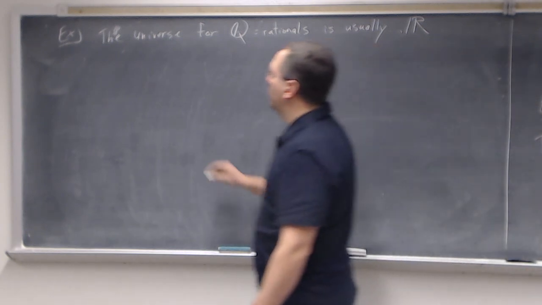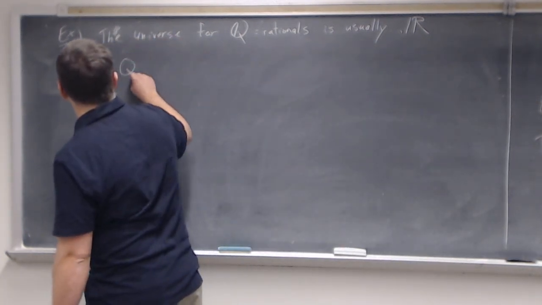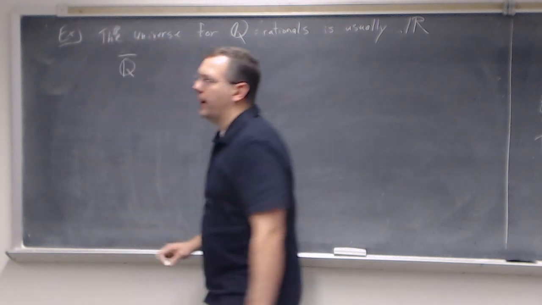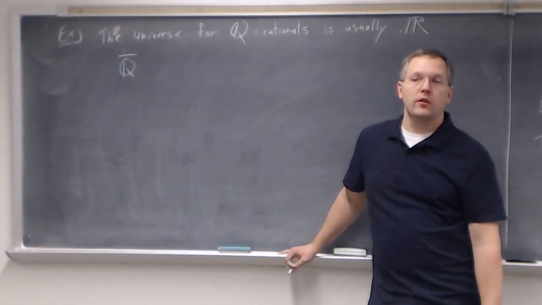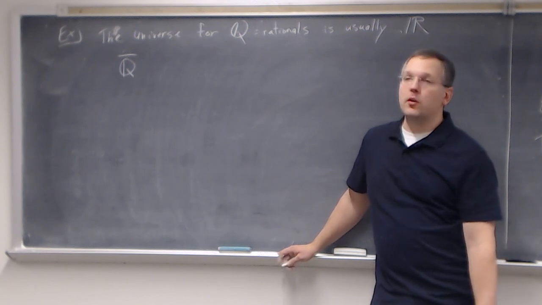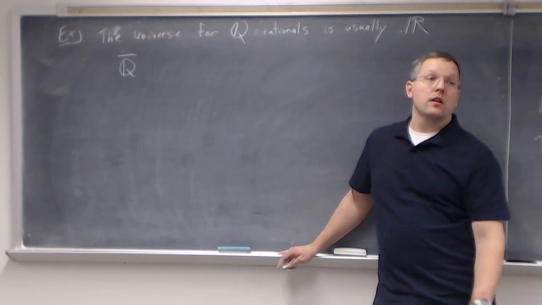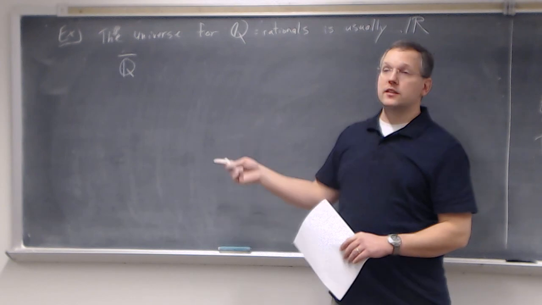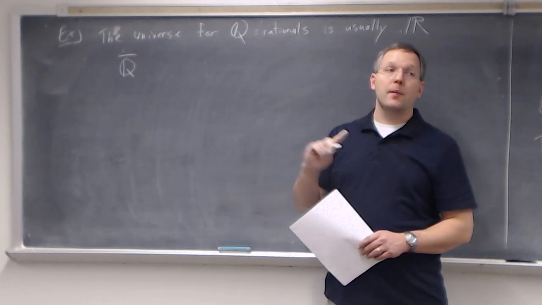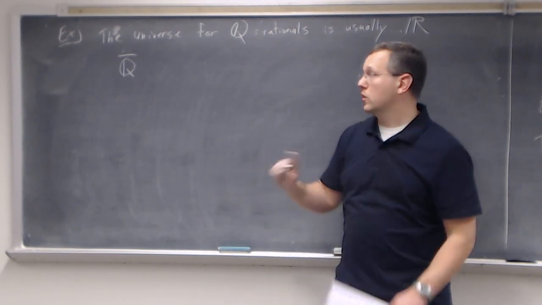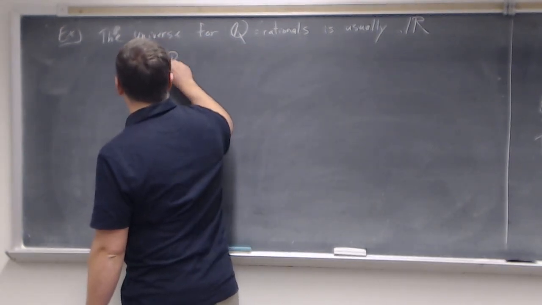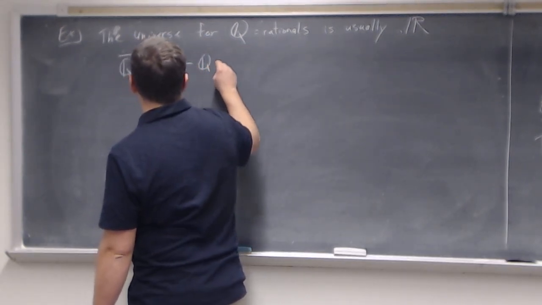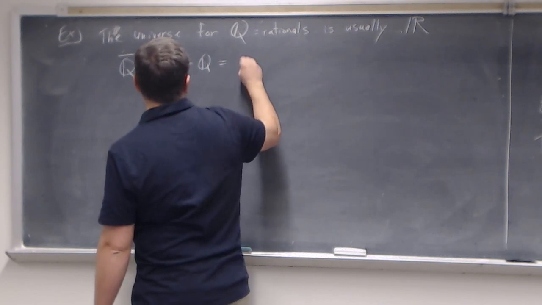So think about this. What then would be the complement of the rational numbers? The irrationals. Any real number can either be written as a fraction of integers or cannot be written as a fraction of integers, and so that partitions all real numbers.